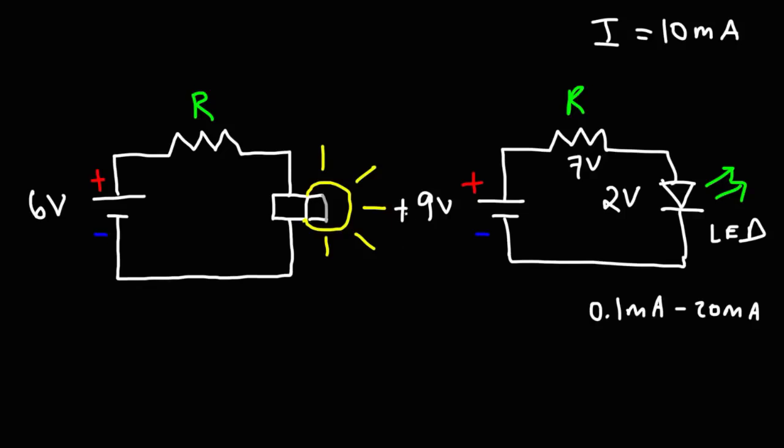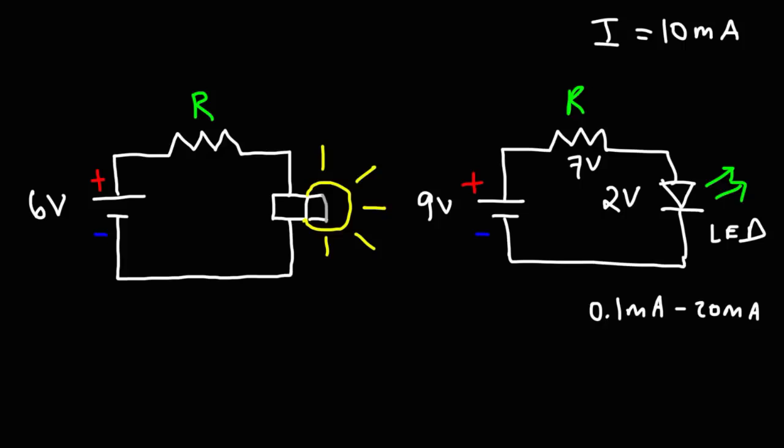The battery increases the energy in a circuit, so we're going to put a positive voltage to it. The resistor and the LED absorb energy from the circuit, so we're going to put a negative value. If you add 9, -7, and -2, you'll get 0, which satisfies Kirchhoff's voltage law.